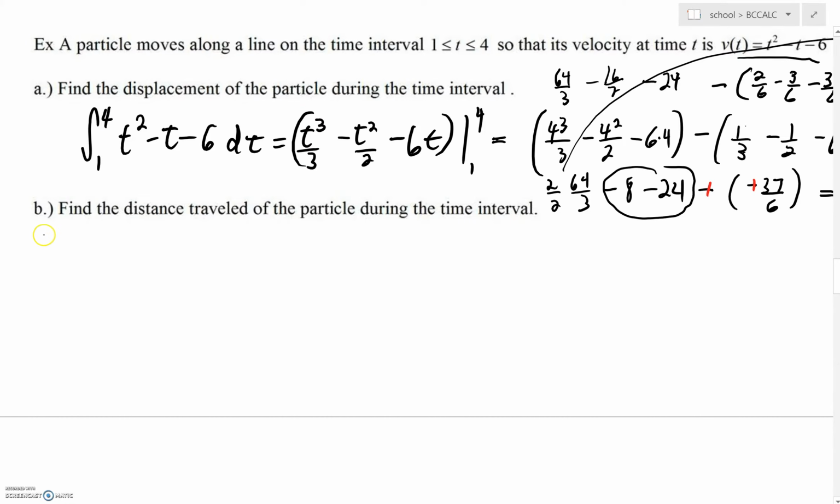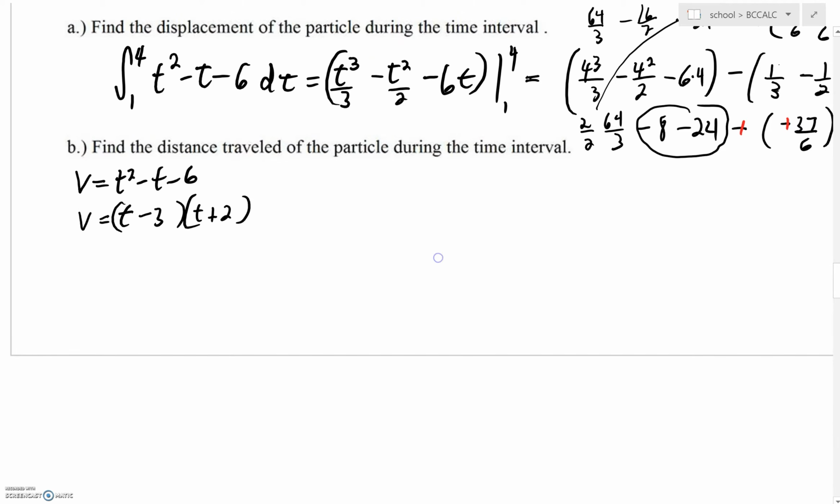Now, velocity equaling t squared minus t minus 6. First things first, I want you to realize this factors. And it's going to factor into t minus 3, t plus 2. And if you're really thinking about it, you know that when a parabola has a lead coefficient that is positive, it's going to open upwards.